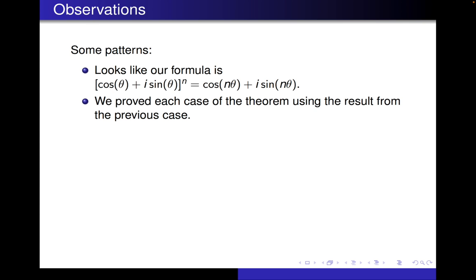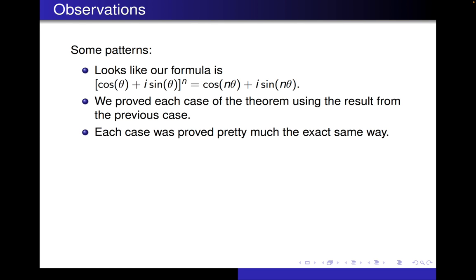Every time we proved one case of the theorem, we used the result from the case that we had just proved from the previous case. That's important. And each case we proved was pretty much proved the exact same way. We just used slightly different numbers. When we go from 3 to 4, it's the exact same as 4 to 5, except instead of 3 we put 4, instead of 4 we put 5.